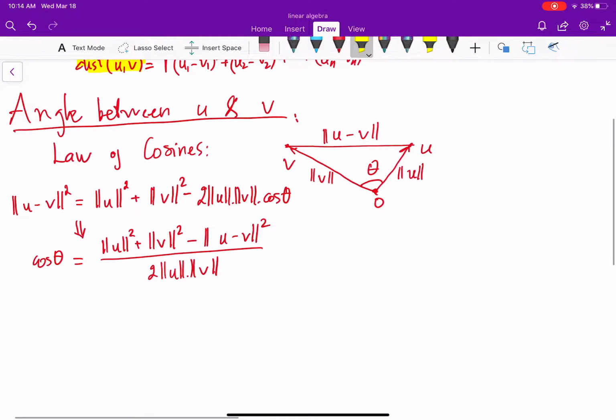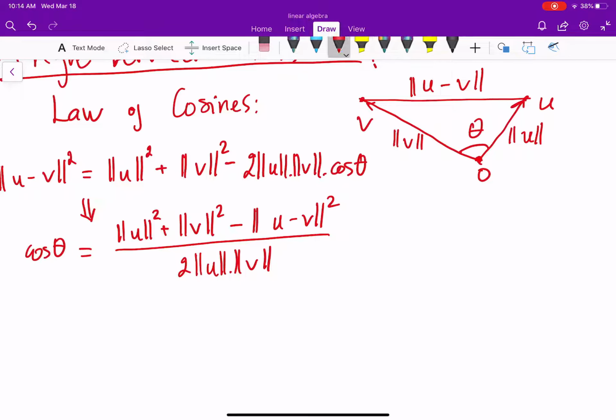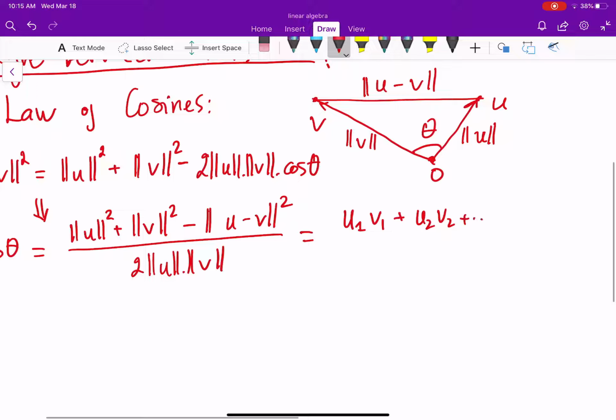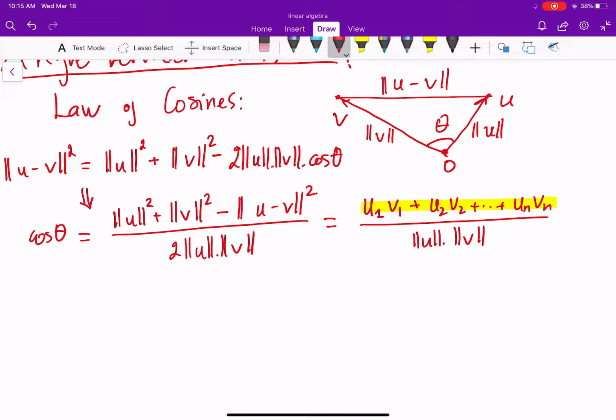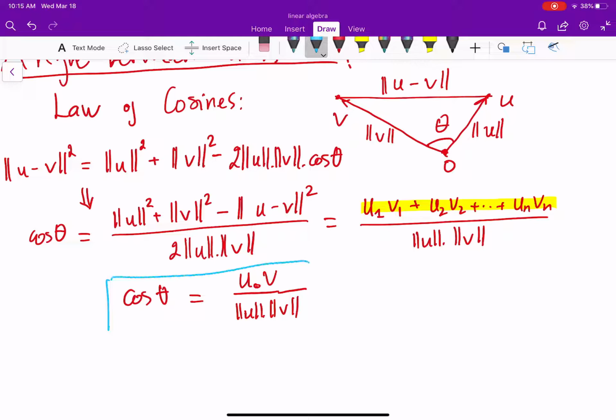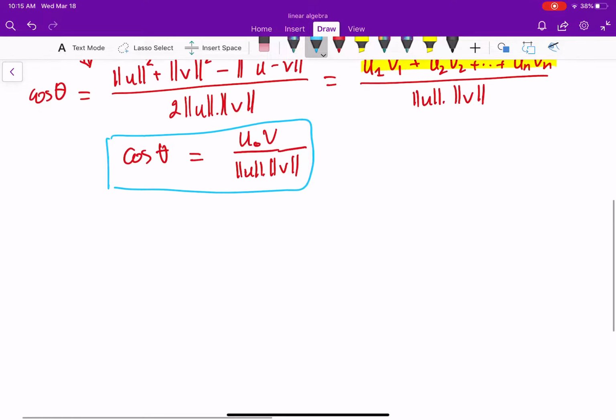So when we open all this, we will get u1 v1 plus u2 v2 plus so on plus un vn divided by the norm of u and the norm of v. Here, that is nothing but the dot product between u and v. So I can write cosine of theta equal to dot product of u and v divided by the norm of u times the norm of v. And that is the formula which helps us to determine the angle between two vectors.